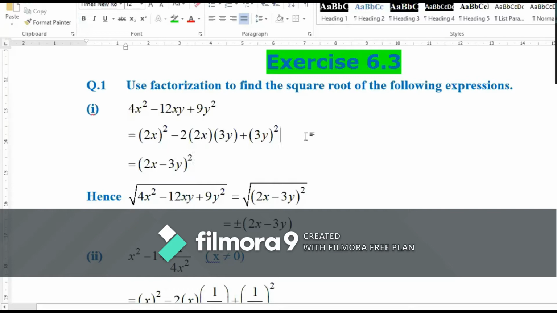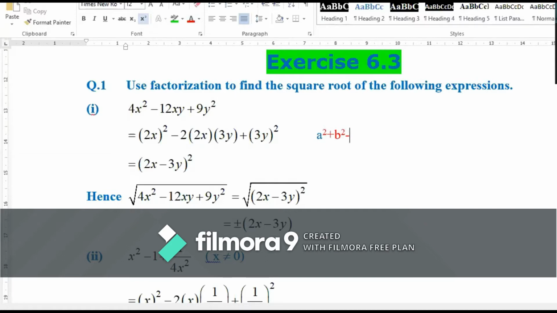So in this expression, if I give you some reference for how we have factorized this one, this expression is actually in the form of a square plus b square plus minus 2 times ab, which equals a minus b whole square.